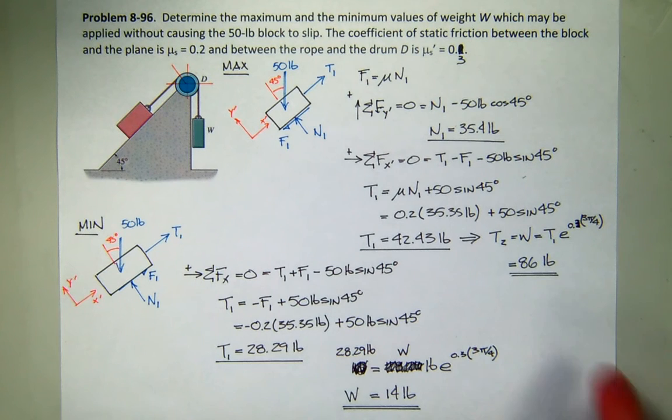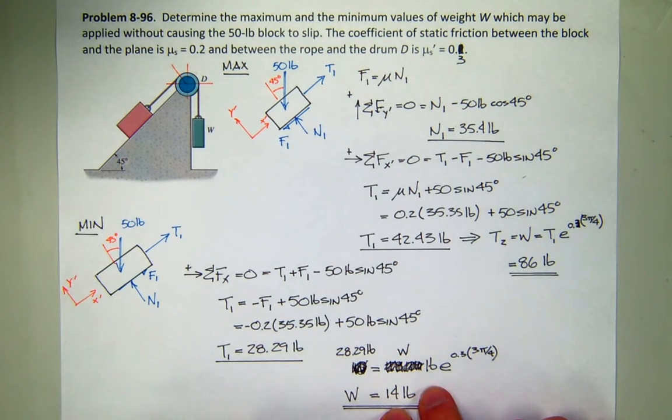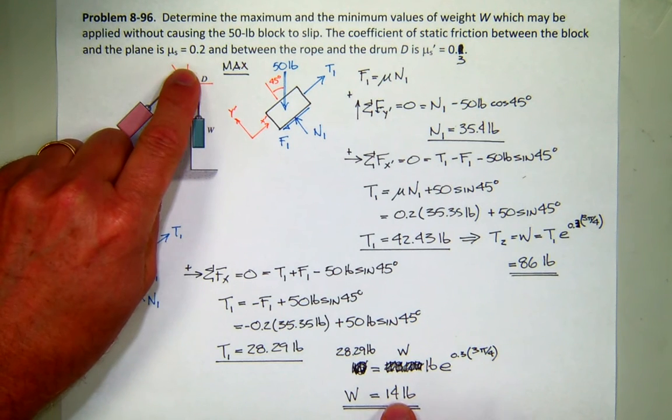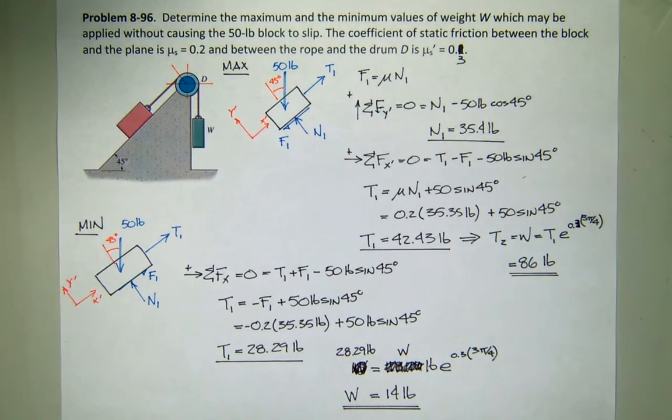So it's quite a range in weights. Any weight between these two, the system is sitting there. But obviously if you go less than 14 pounds, it goes up. You go more than 86 pounds, it slides down. It's a big difference.